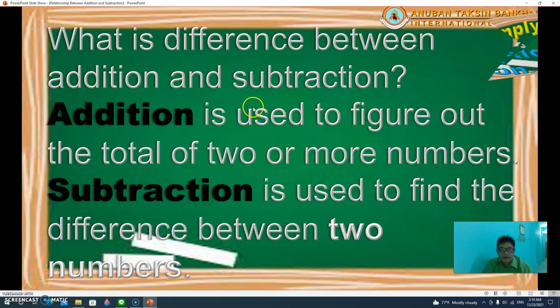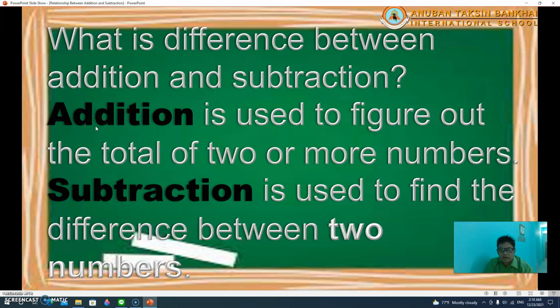What is the difference between addition and subtraction?